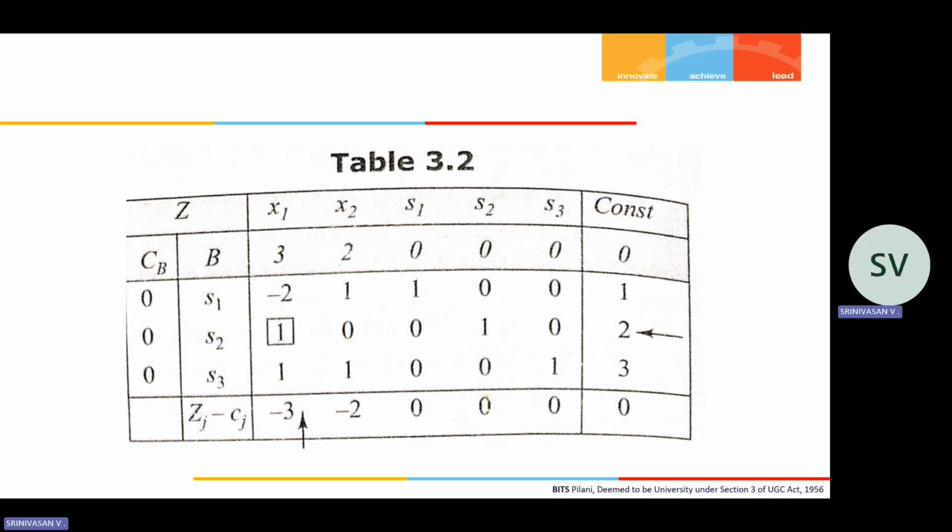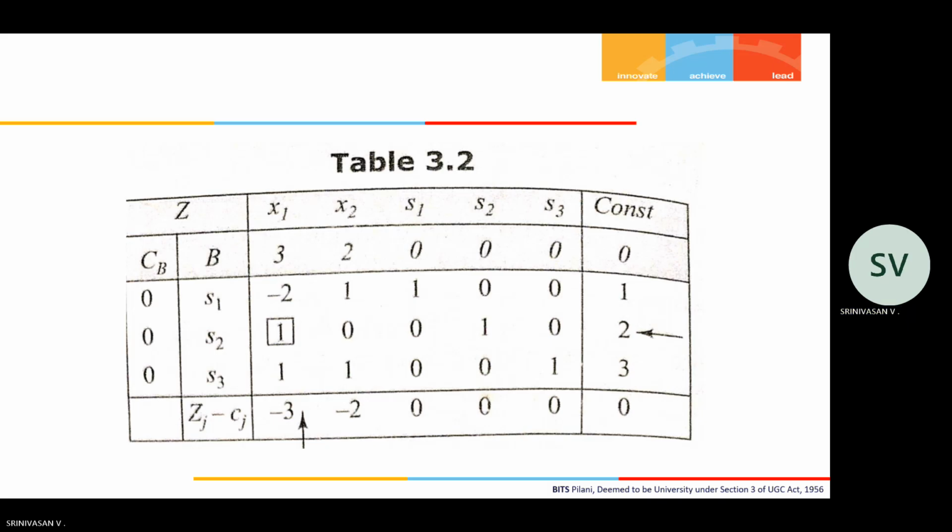Minus 3, minus 2, which is minimum? Minus 3, isn't it? So look at the arrow mark. That shows that column is the pivot column. The arrow mark indicates the column that is to be designated as the pivot column. Okay, right.